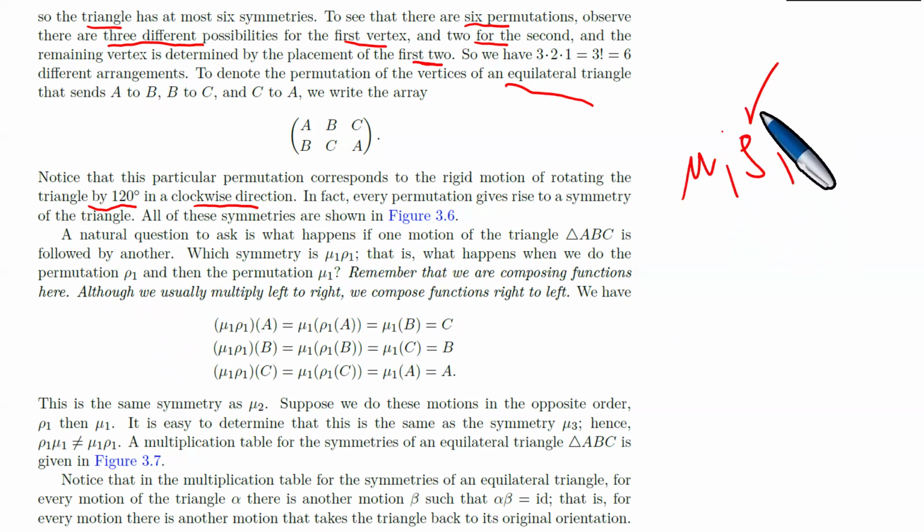We do first rho 1 and then we do mu1. Remember that we are composing functions here, although we usually multiply.